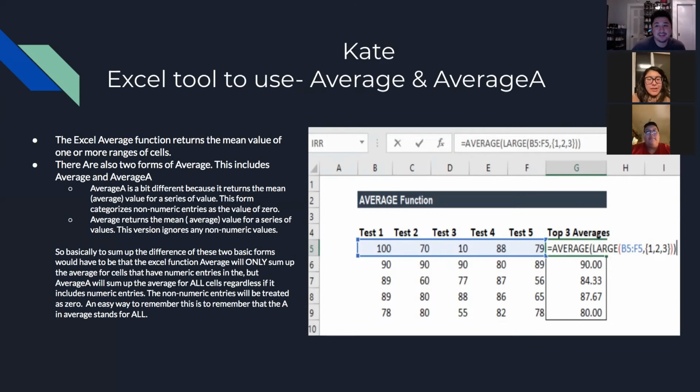Okay, so the Excel tool I'm going to be talking about is AVERAGE and AVERAGEA. The Excel function AVERAGE returns the mean value of one or more ranges of cells. There are also two forms, which are AVERAGE and AVERAGEA. AVERAGEA is going to be a bit different because it returns the mean value for a series of values.